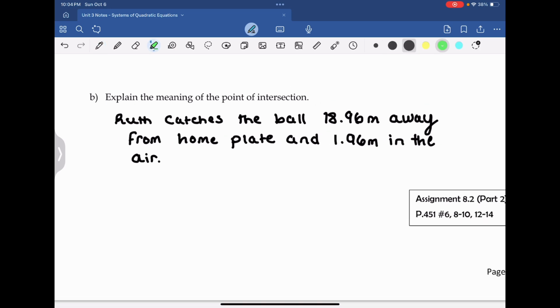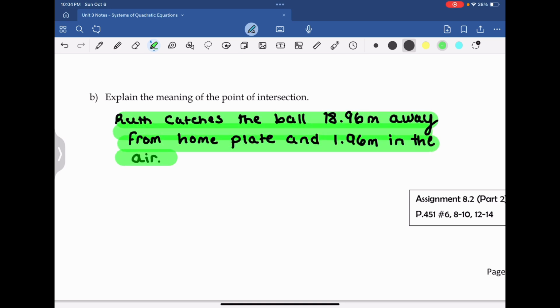That will be the easiest way to wrap up the problem there. There we go. We'll highlight it just to represent that this is the sentence that pairs with our answer here.